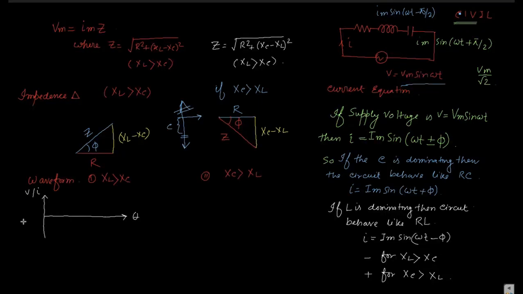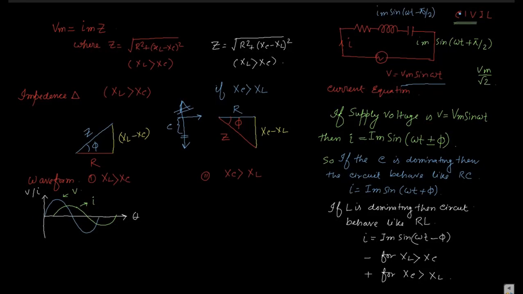When XL is greater than XC, the current is lagging. If this is the voltage waveform, as XL is greater than XC, it means the current is lagging the voltage by an angle phi. So the current waveform becomes like this. This is the current waveform and this is the voltage waveform.